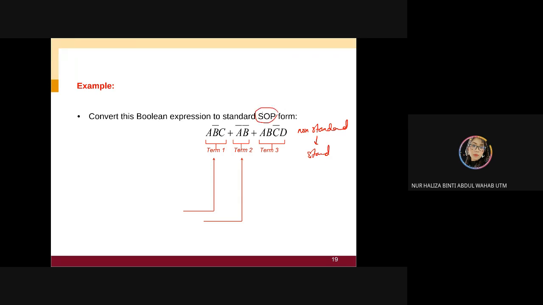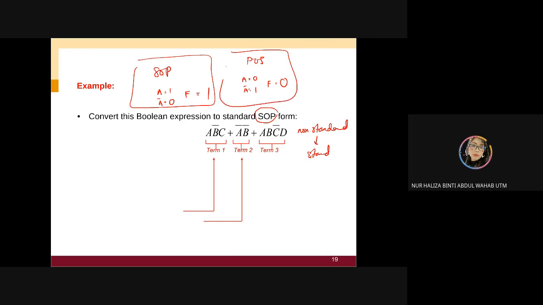And for SOP, I already mentioned that you have several things that you need to remember: A equal to 1, A bar equal to 0, and your output will be 1. For POS, you're going to have A equal to 0, A bar equal to 1, and your output will be 0. So please remember this, but it's okay. I'm going to repeat several times.